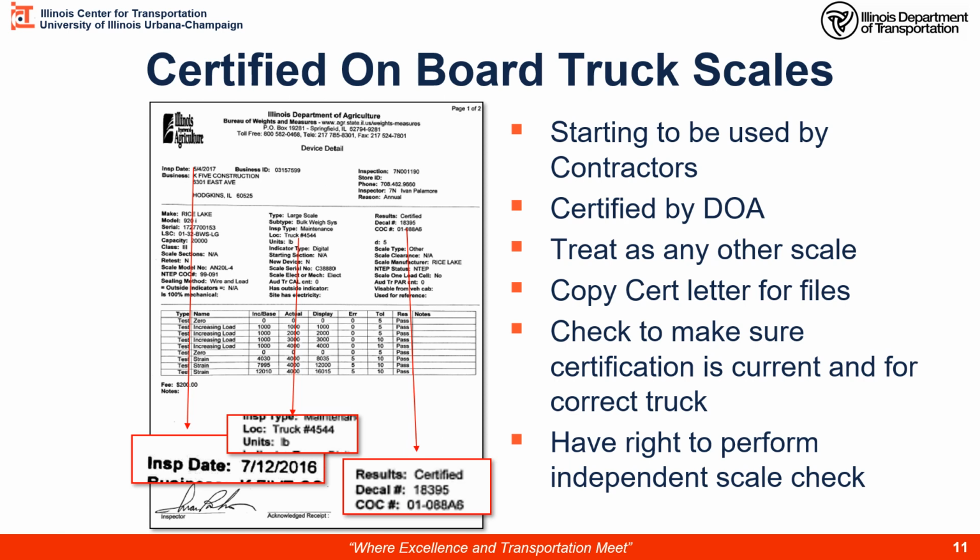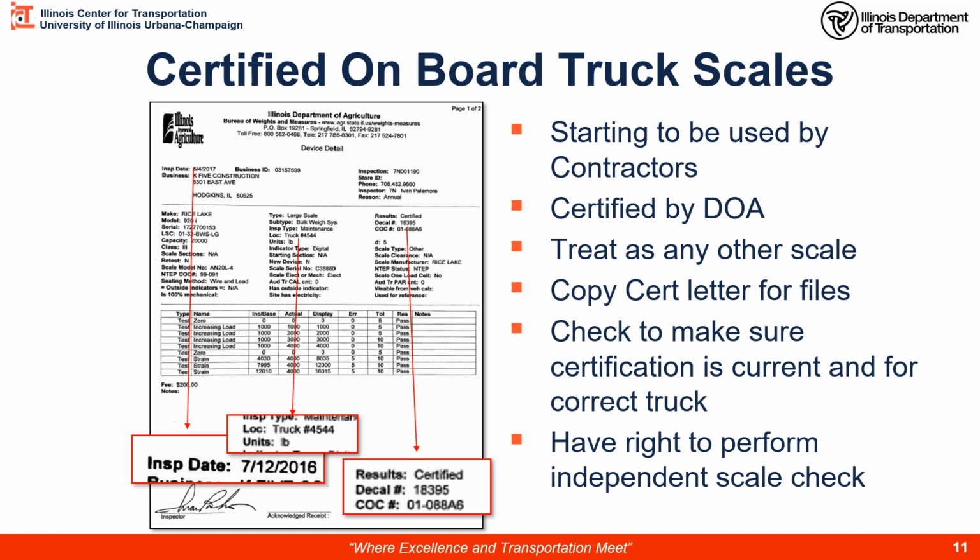As a result, there's one contractor, and maybe more adopting this, K5 in the Chicago area, that has adopted the use of what's called onboard truck scales. This is basically where the tank on the distributor truck is sitting on a scale, so you can get the weight of the tank at any given time.